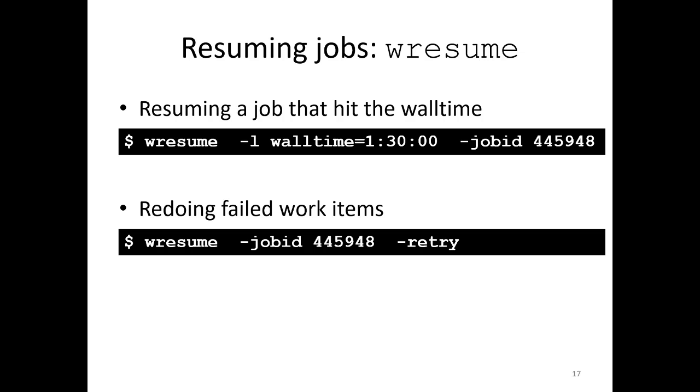So if something failed, there's probably a good reason for that, and unless you take some action, you fix a bug, whatever went wrong, you fix that, then of course you can redo failed work items as well. And for that there is the retry flag. So w-resume doesn't do it by default, but if you're sure that a failed work item can now be done successfully, then you can just resume with -retry.